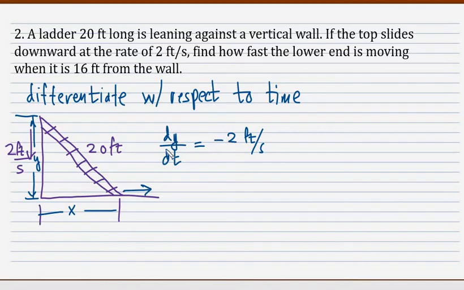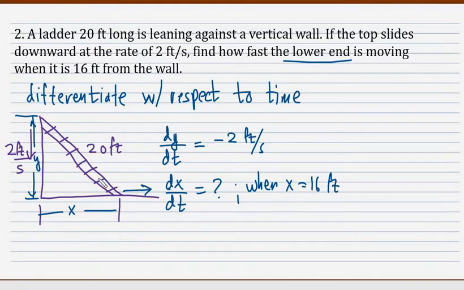If y is increasing in length, then that would be assigned a positive value. So we have here a derivative with respect to time. Now, what we want to find out is the derivative of x with respect to t. It says here, find how fast the lower end is moving when x is equal to 16 feet.